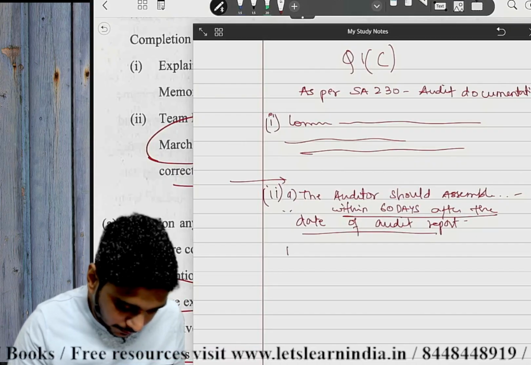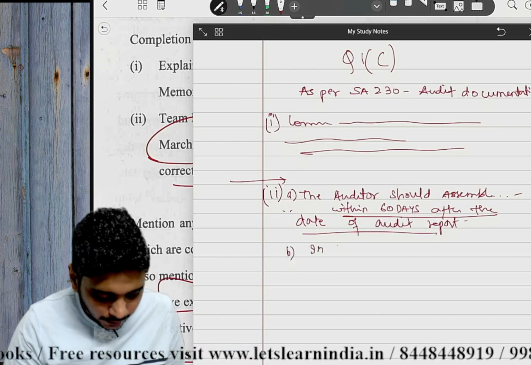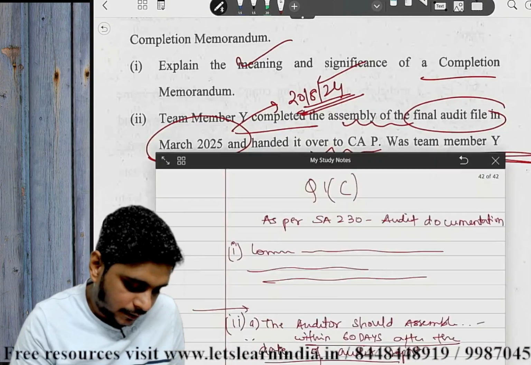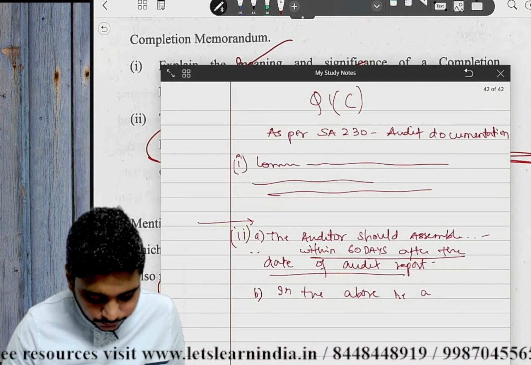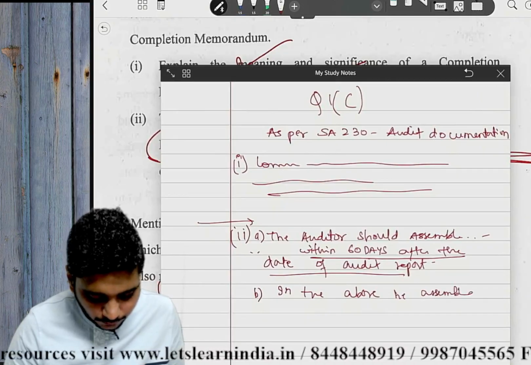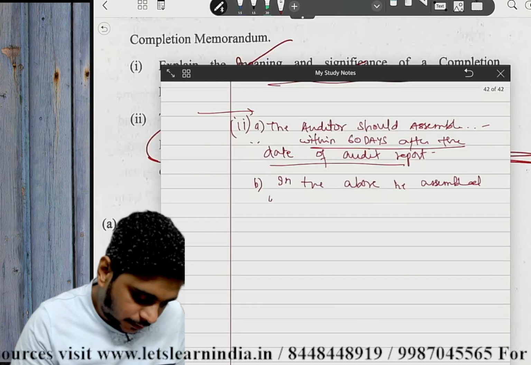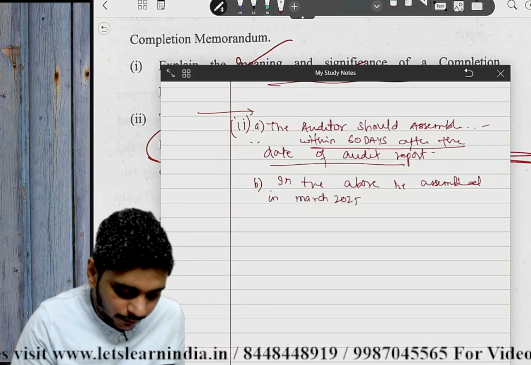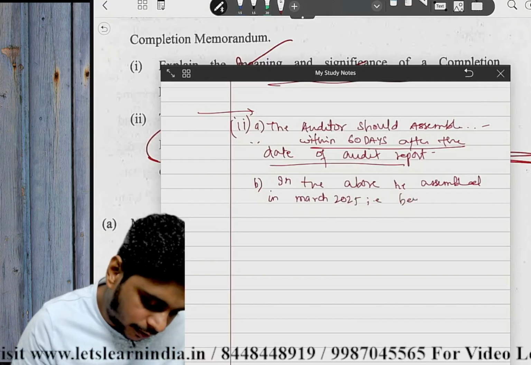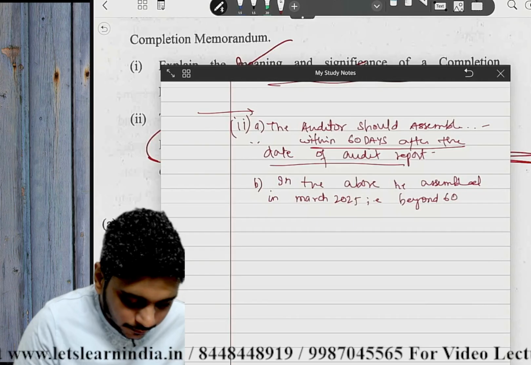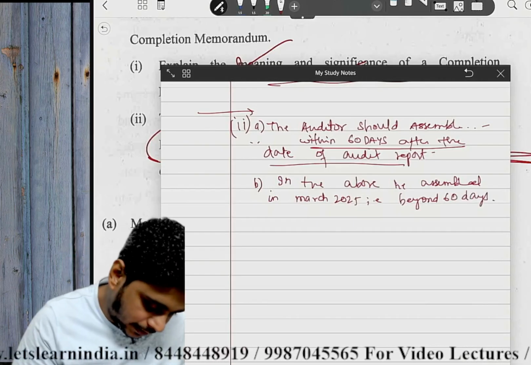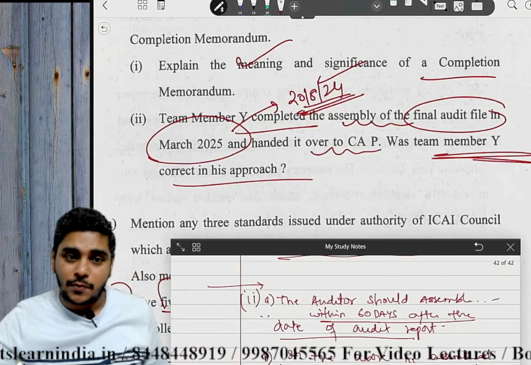A, B. In the above case, he assembled it in March 25, that is beyond 60 days. Leave one line. C. What is the question they are asking?